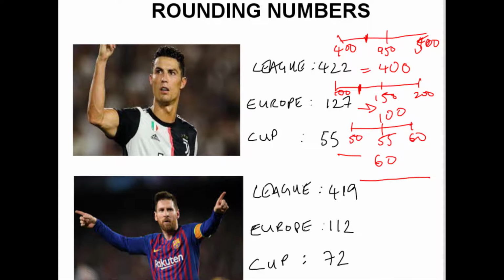Alright, let's see if you guys can work out Messi's one. So 419 to the closest 100 is what? 450 here, 400, 500. Sorry about the handwriting, but I'm sure you guys have figured it out by now. That should be 400.